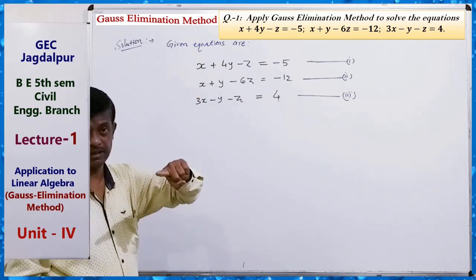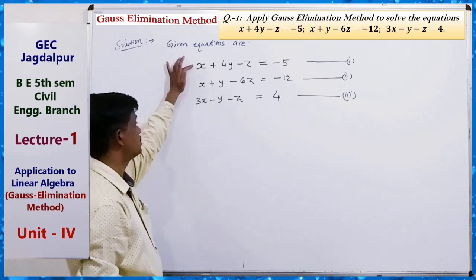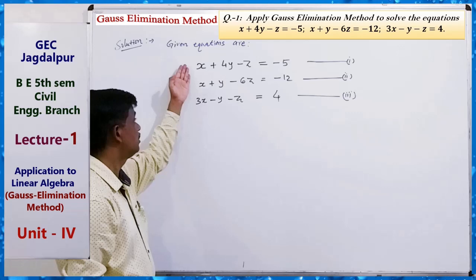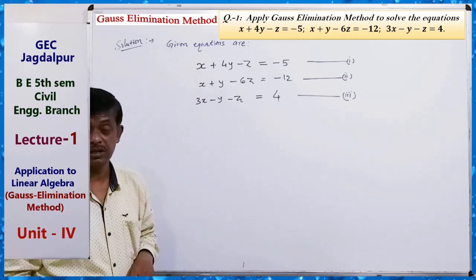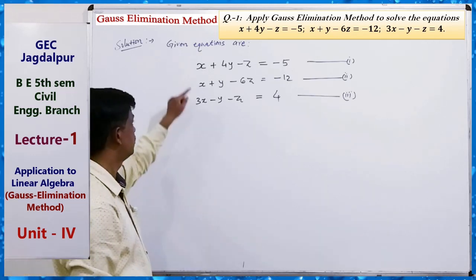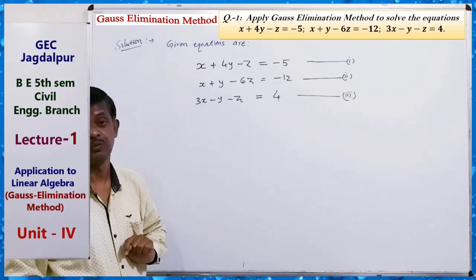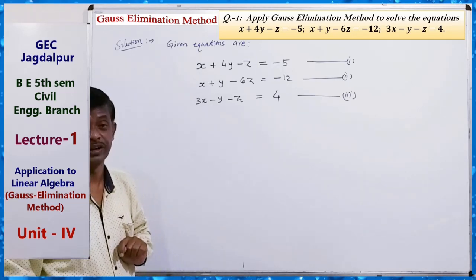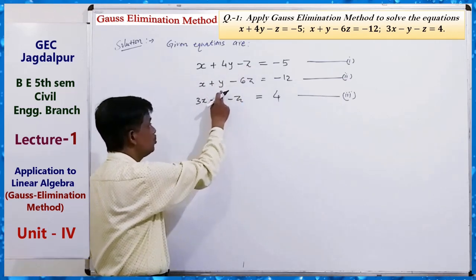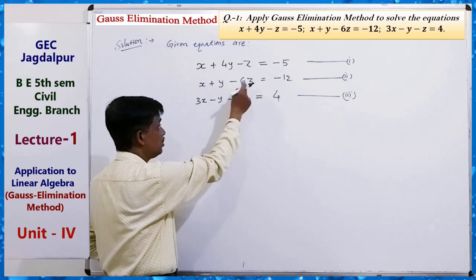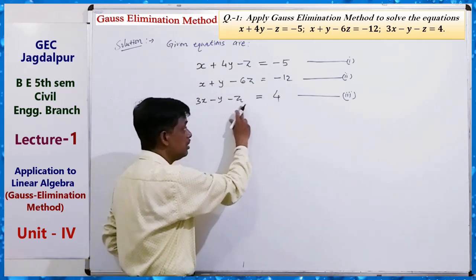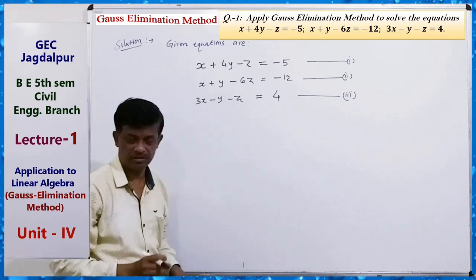If we take the first equation, its coefficient is 1, not equal to 0, so it can be taken as a pivotal equation. Or the first pivot element is 1, because a11, a12, a13, a21, a22, a23, and this is a31, a32, a33, this is our notation.